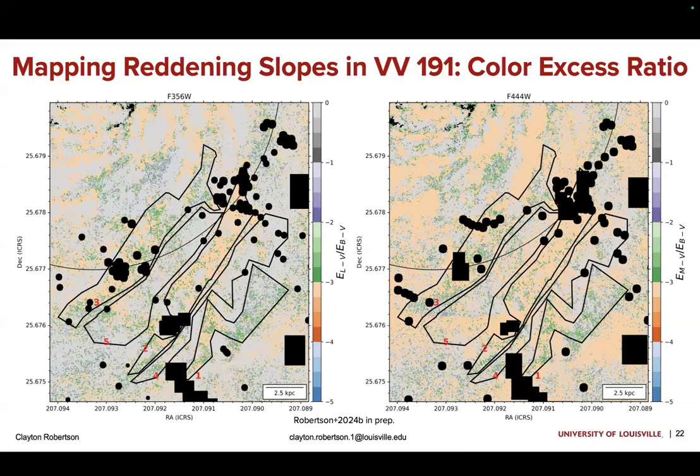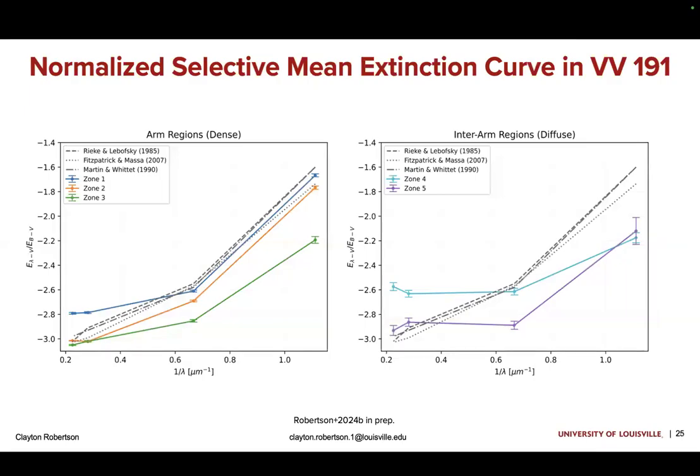One thing I want to show you is that I was able to make a mean extinction curve based on the maps of the selective extinction curve. That was one important thing coming from the normalized extinction slope: to see, within the spiral arms and the inter-arm regions, how the slopes match up to the literature.